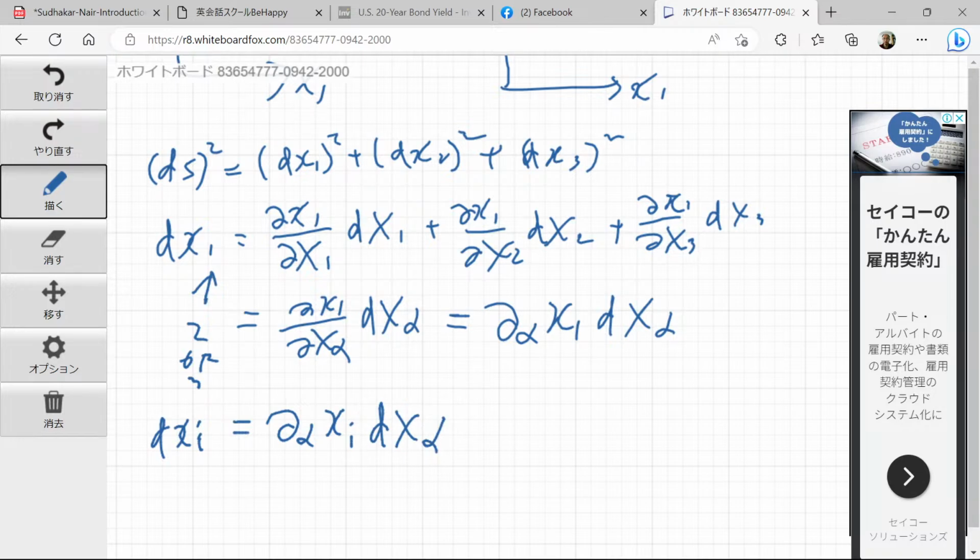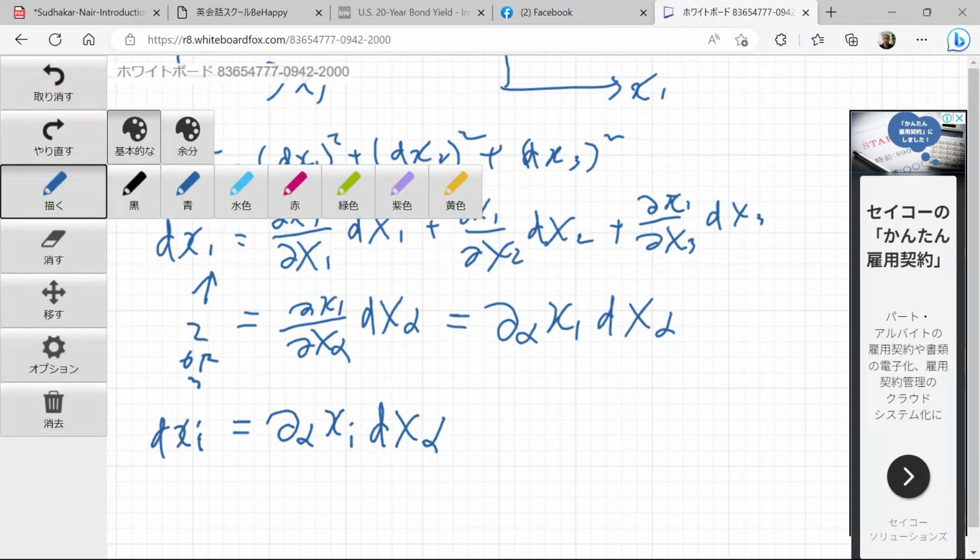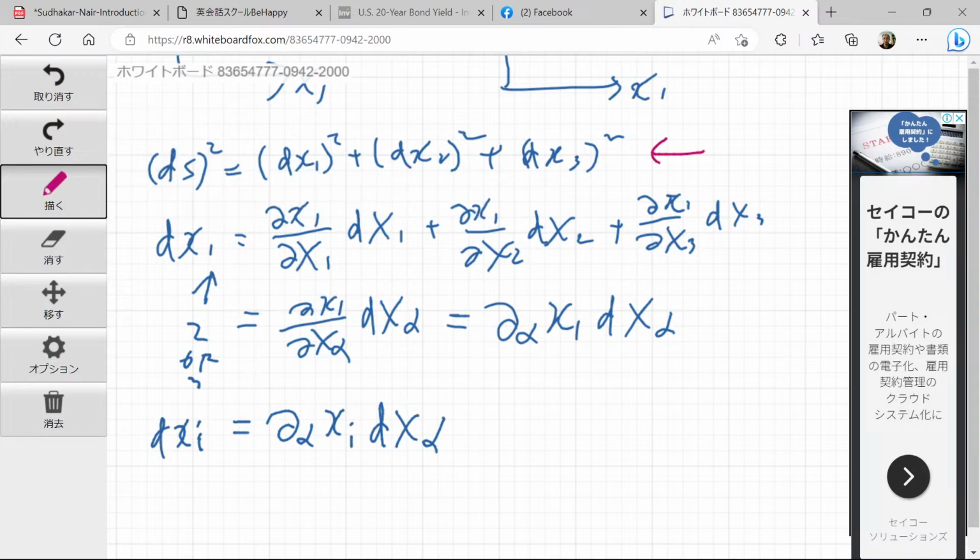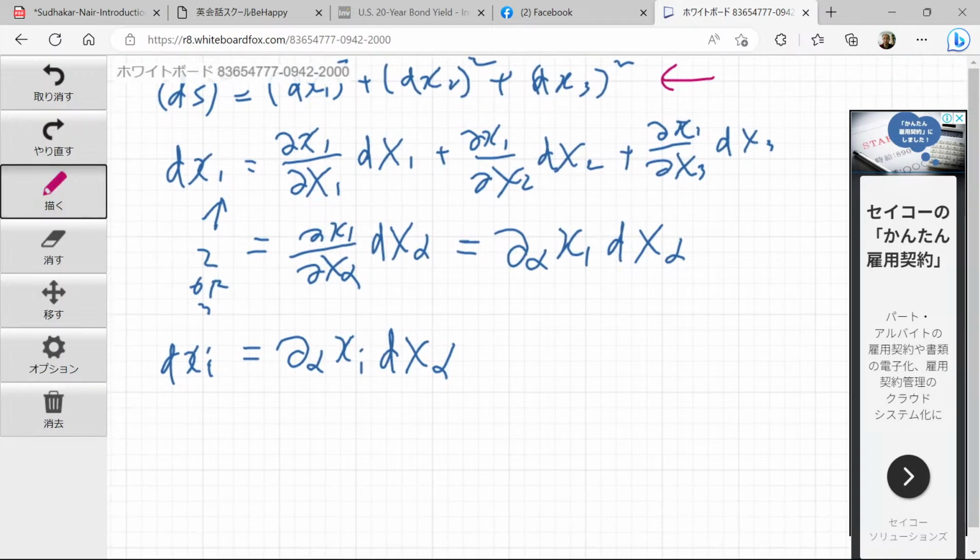Then you can go back to this part. How do we do this? This can be written as this. ds square is dxi dxi.